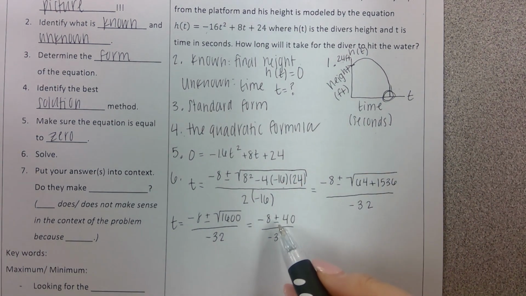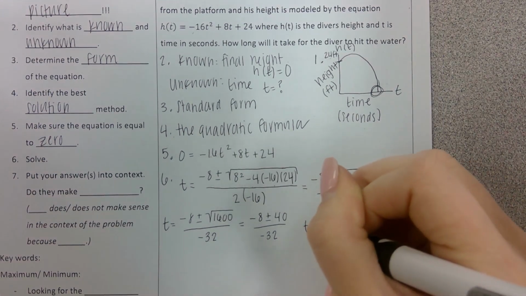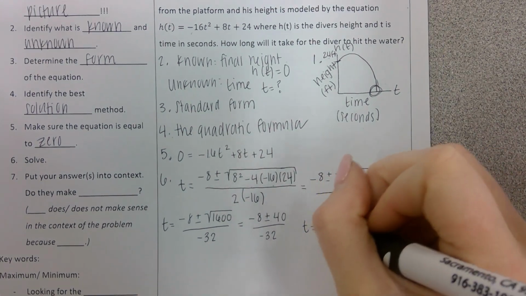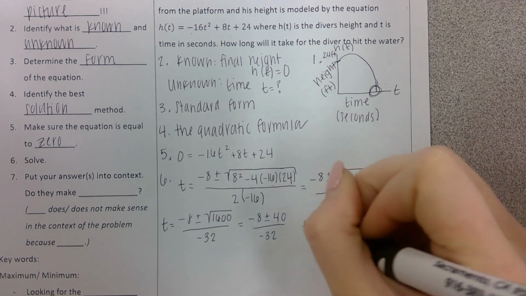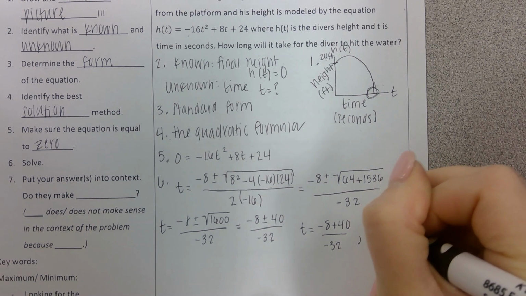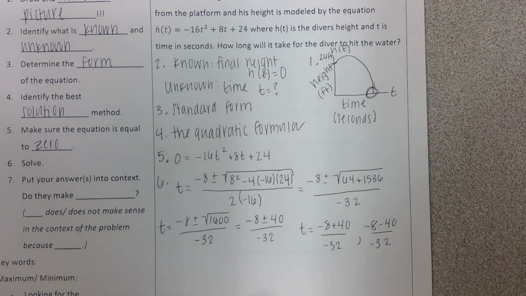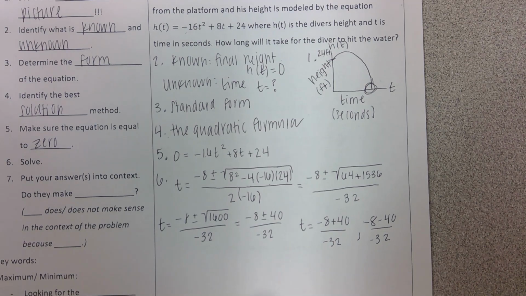Now with this plus minus, we can't type this into the calculator. So we have to break this up. We can say t is equal to negative 8 plus 40 over negative 32 and negative 8 minus 40 over negative 32. So I have my two answers.